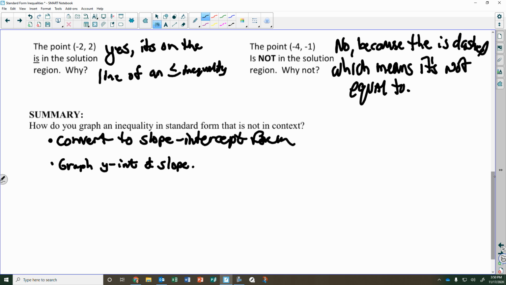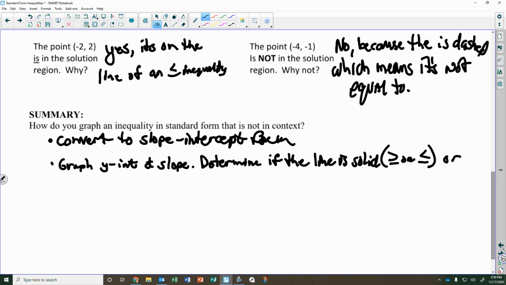Once you graph those 2 points, you will then determine if the line is solid, which again, these are the 2 scenarios where it would be solid, or dotted. And again, these will be the 2 scenarios where they're dotted.